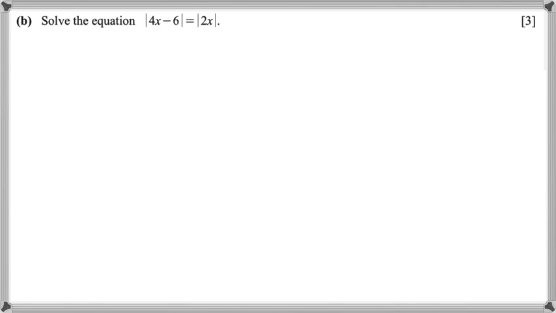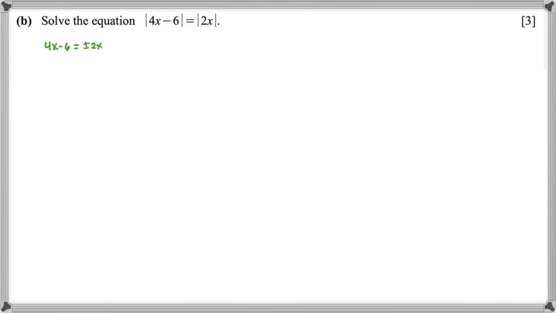Alright, for letter B, solve the equation: the modulus of 4x minus 6 is equal to the modulus of 2x. So in here, we'll use green as well. We get 4x minus 6 is equal to positive and minus 2x. Those are the two values.